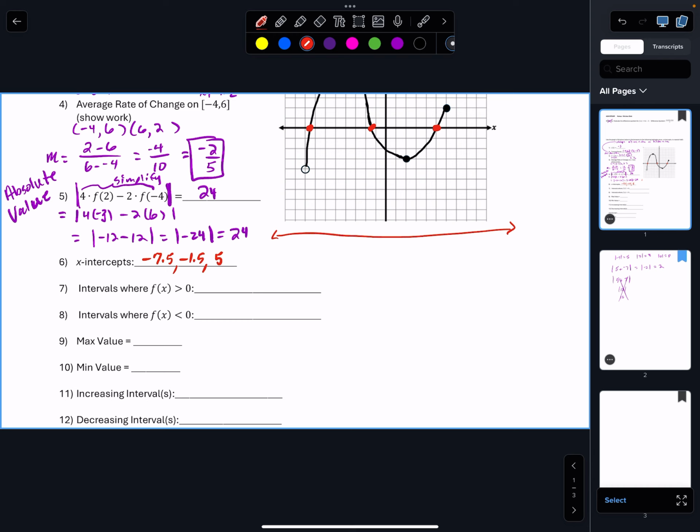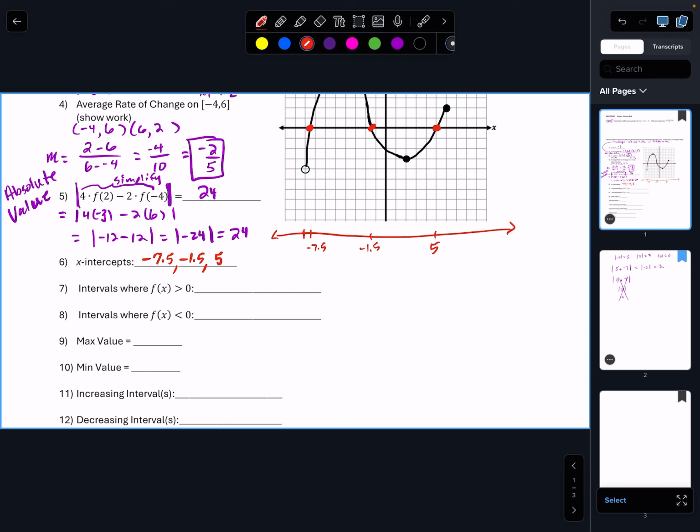We use the x-intercepts and we use the boundaries. And so we already found we had negative 7.5 as the first intercept, negative 1.5 is the next intercept, and positive 5 is the next intercept. And then you need either end, the boundary.